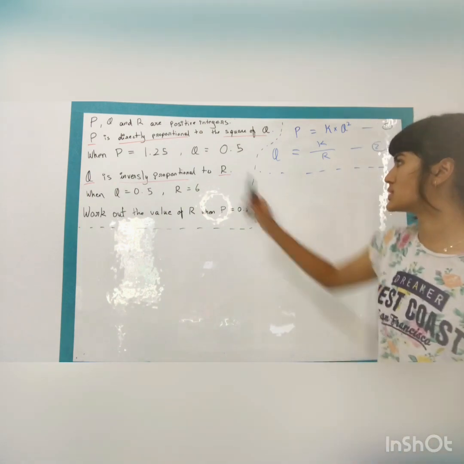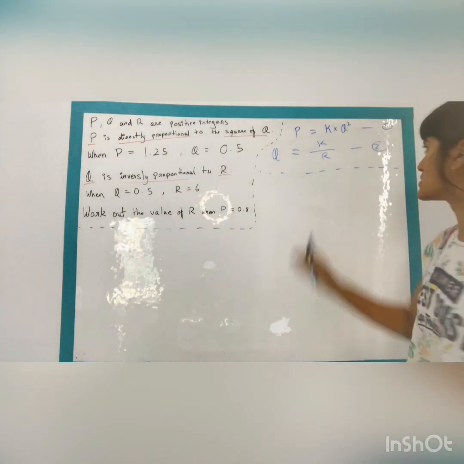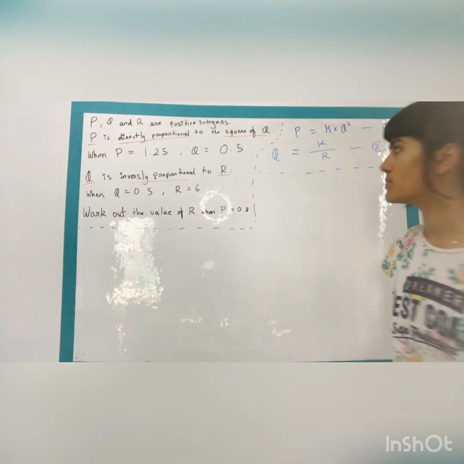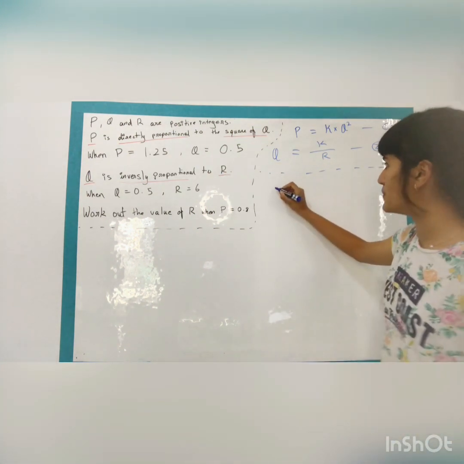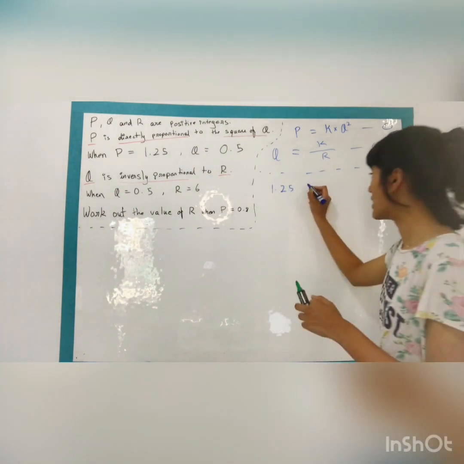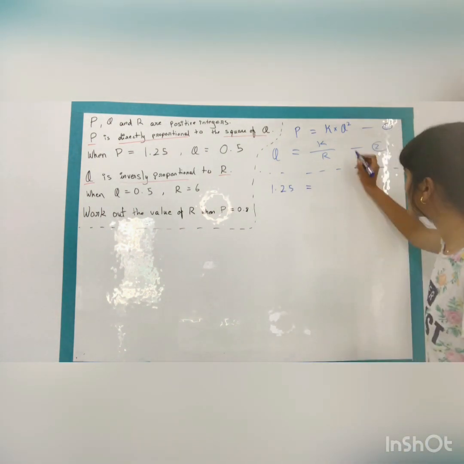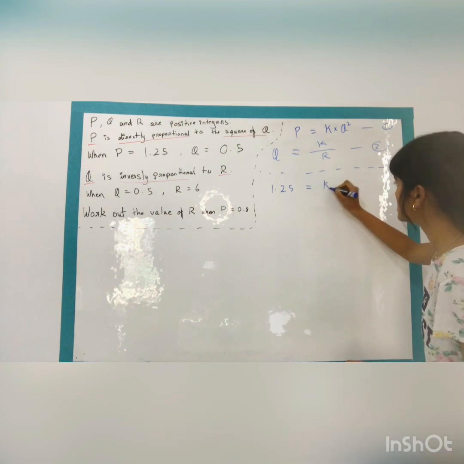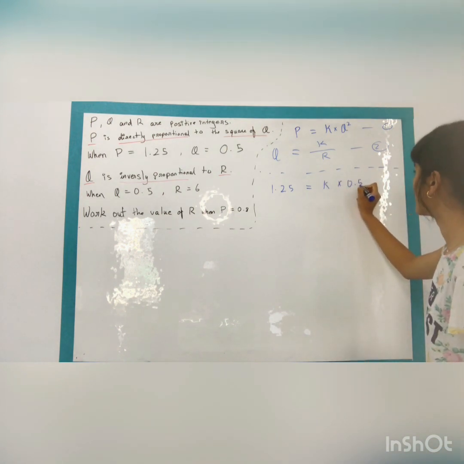So now I'm going to start substituting these values. Let's start with P and Q. When P is equal to 1.25, Q is equal to 0.5.